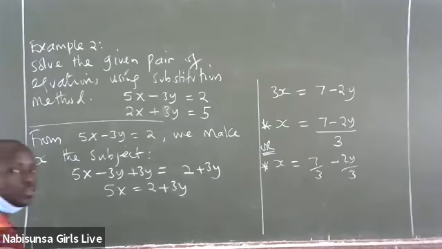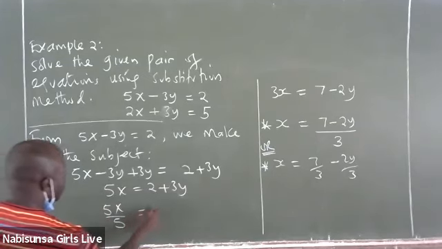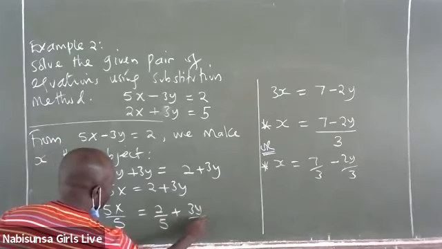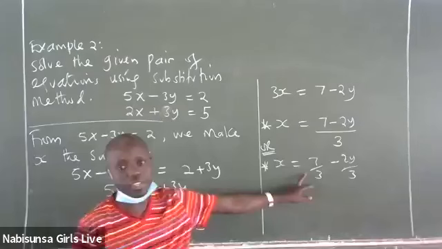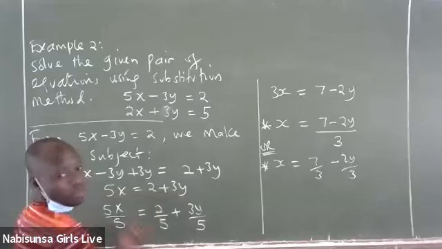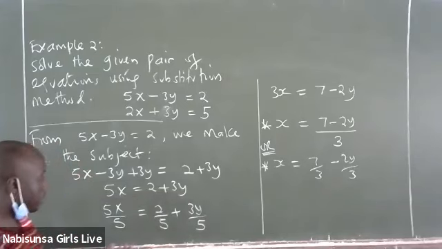Then we are going to divide both sides by 5. So 5x over 5 is equal to 2 over 5 plus 3y over 5. Somebody may prefer this, somebody does not, but you can say the whole of this divided by 5, which is the same thing. Okay?